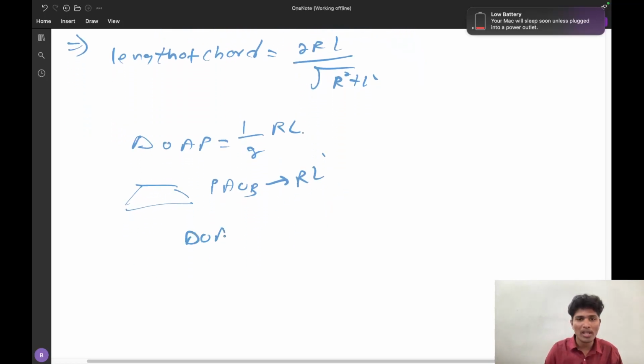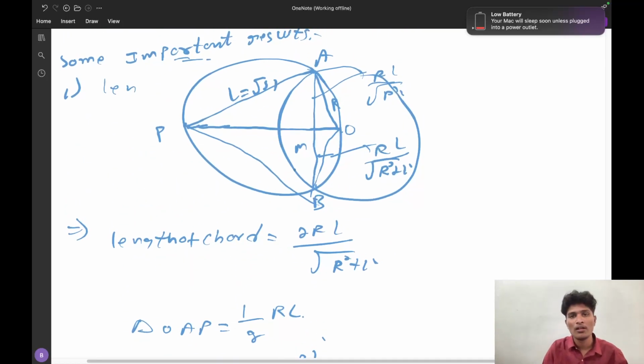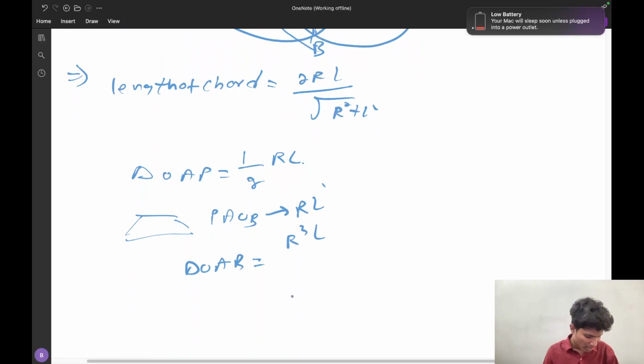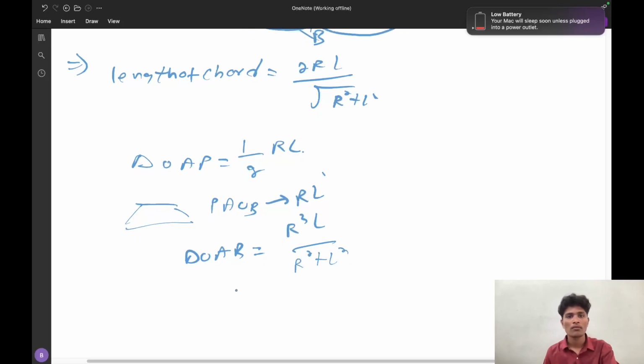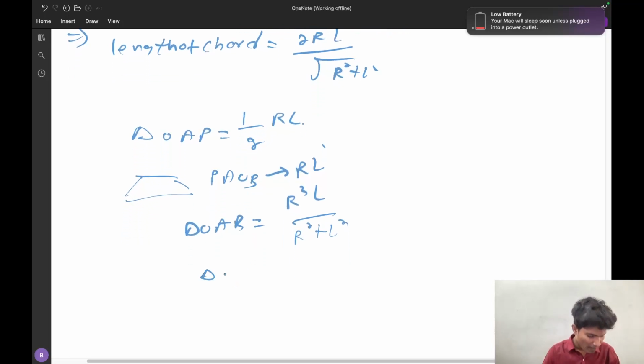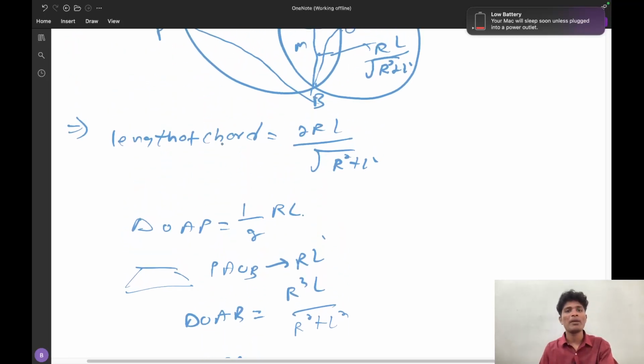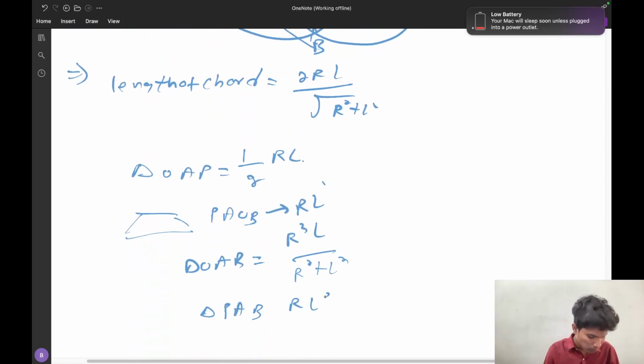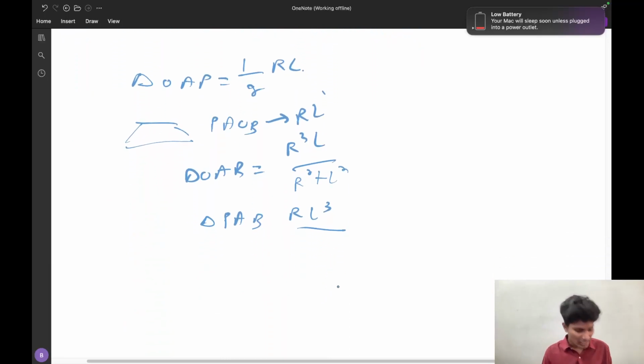The area of triangle OAB is R cube L divided by r square plus L square. And the area of triangle PAB, this big triangle, will be R L cube divided by r square plus L square. These are the important results you have to remember.